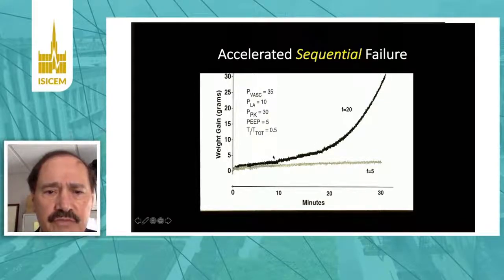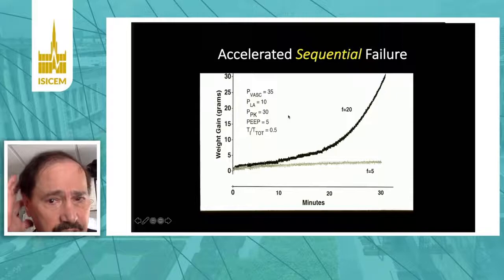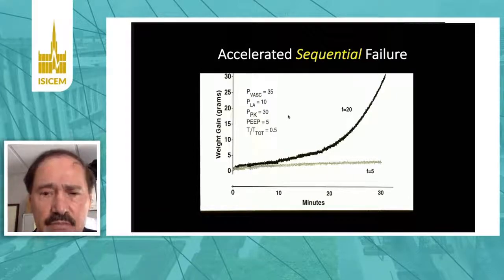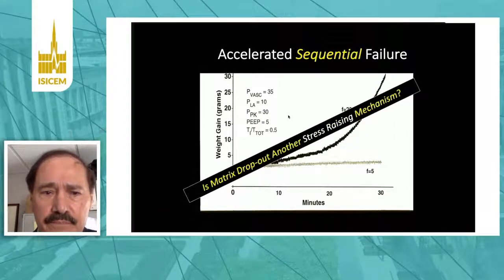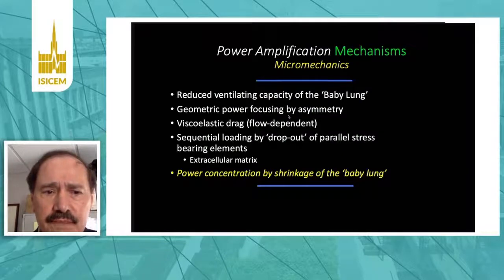You can see that for the first 10 minutes of the experiment, the same conditions cause equal changes. But as we advance in time, there's a tearaway exponential function of the progressively damaging lungs that are treated with more power and more frequency. Is matrix dropout another stress-raising mechanism? We believe so.